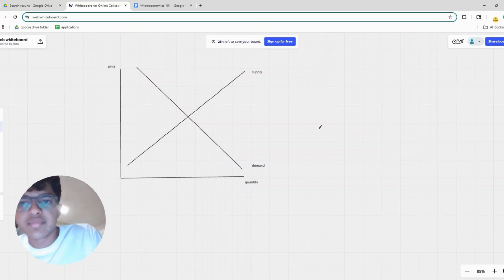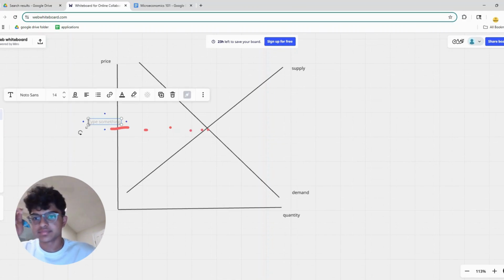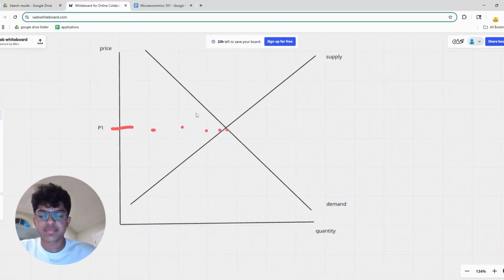Okay. We're talking about surpluses and shortages. So imagine market price right here. Let's call it P1, market price. This is equilibrium. We know that.